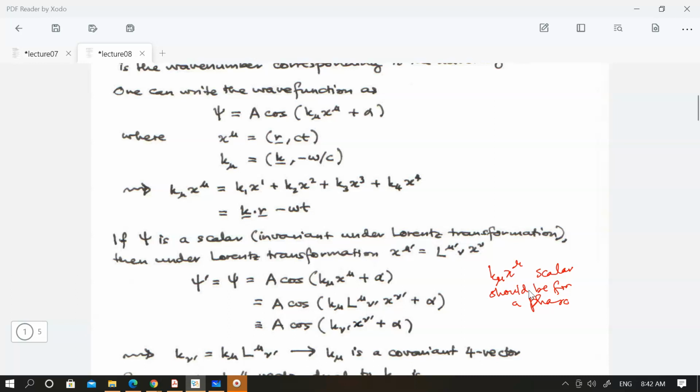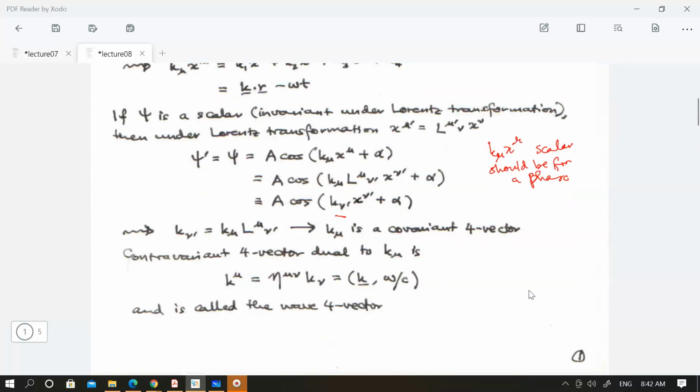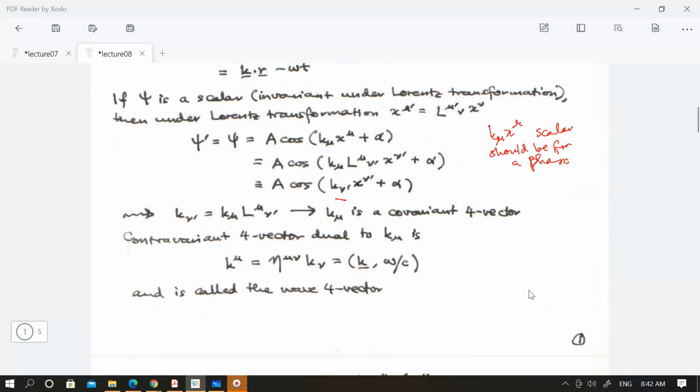Okay, so this actually is the inverse case because I'm going from x mu to the dash version, and that would tell us I will have this inverse Lorentz matrix multiplying this k mu, and that tells us this is how your covariant vector transforms. So this will be k nu dash x nu dash, and then alpha is just a constant. Okay, so your k mu is actually a covariant vector.